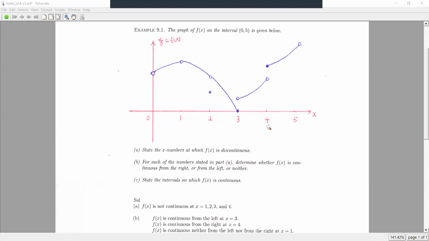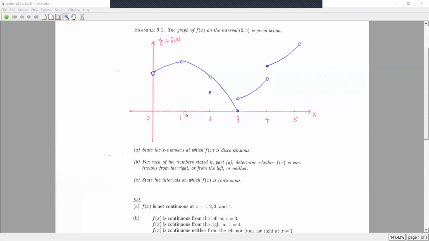Similarly, at point 4, the function is not continuous from the left side because there is an open dot here. But the function is continuous from the right side because solid point here.